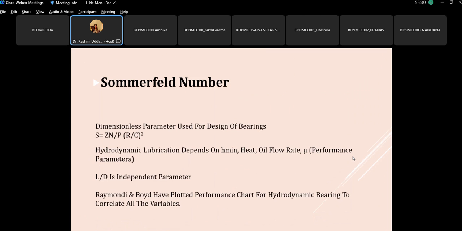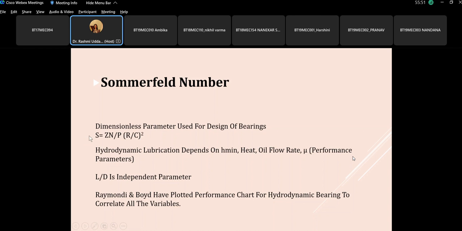So that is the concept. And another term which is important is the Sommerfeld number S, and we'll get all the graphs and curves for Sommerfeld number versus Zn by P, Sommerfeld number versus radial clearance or diametral clearance.